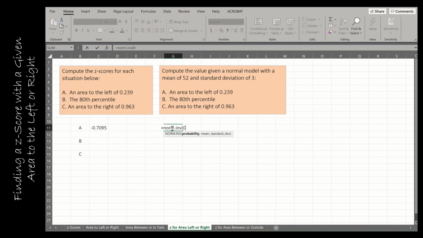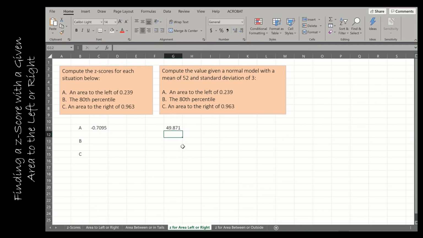I'm still putting 0.239, but now I'm putting the mean of 52 and the standard deviation of 3, and notice now it gives me the score instead of the z-score. So this is the z-score, and this is the score in relationship to the mean of 52 and the standard deviation of 3. For B, the 80th percentile means there are 80% below it. So all we have to do is think about 80th percentile as a decimal. So instead of 80%, it's 0.8.